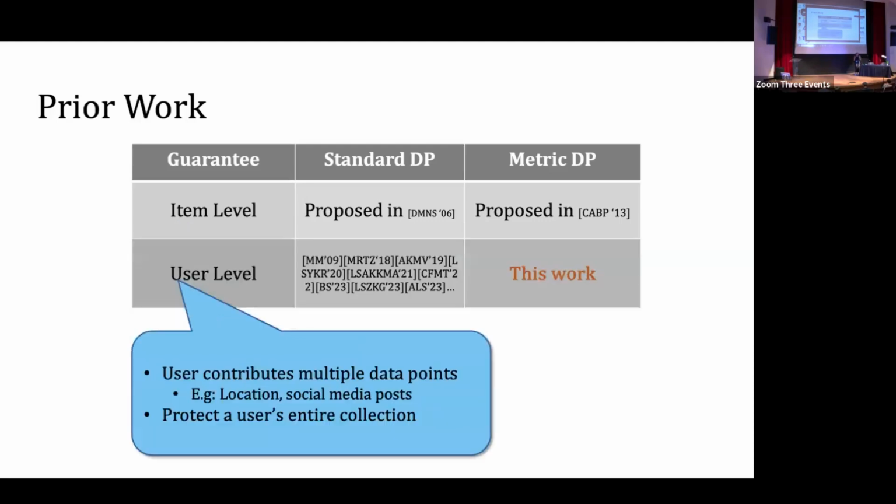But as we saw earlier today, this is quite unrealistic in practice. There are a lot of scenarios where a user contributes multiple data points. For instance, for location, you would be collecting an entire trajectory of locations, not just a single location. User-level DP seeks to provide protection for the entire collection of data of a user.